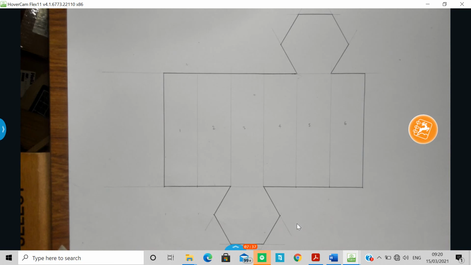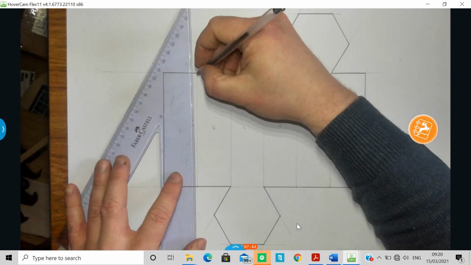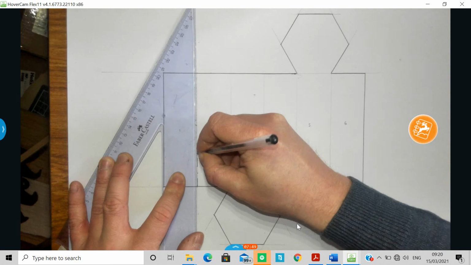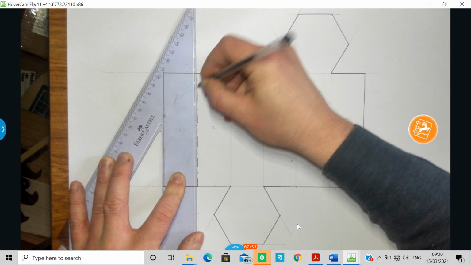Okay, so that's the outline's done. Now all I have to do is the fold lines. So solid, dash, solid, dash, solid, dash, solid, dash, solid.